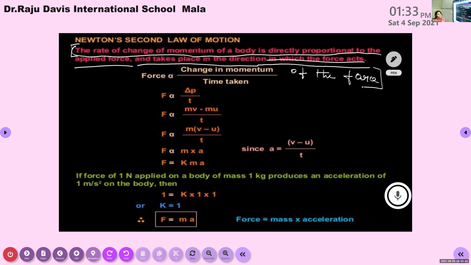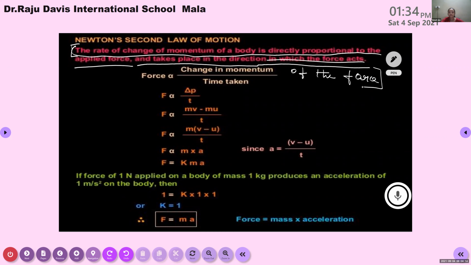The rate of change of momentum of a body is directly proportional to the applied force and takes place in the direction of the force. Is it over? Say yes or no? Yes, ma'am.